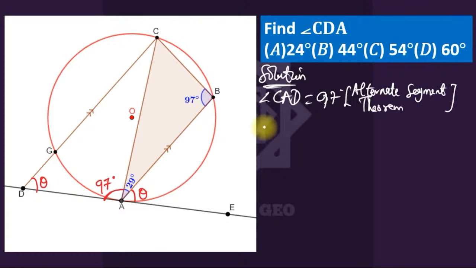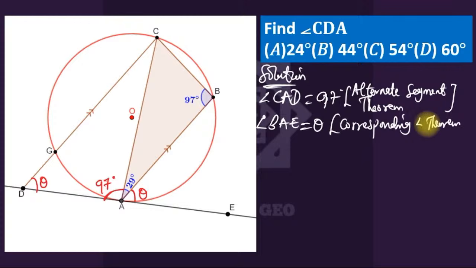And that angle BAE is theta based on corresponding angle theorem. Therefore, we can get the answer now.